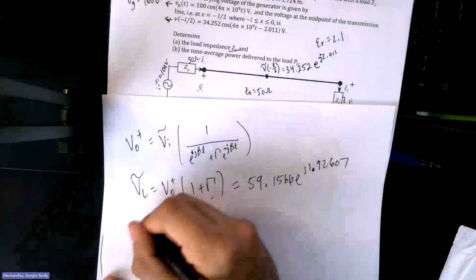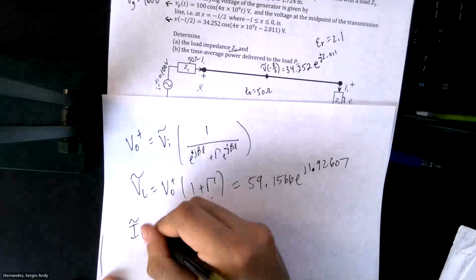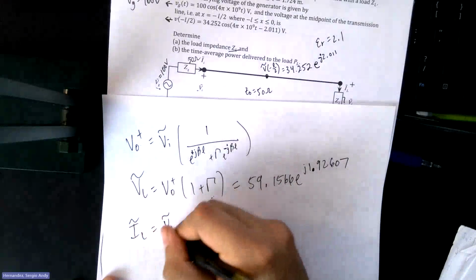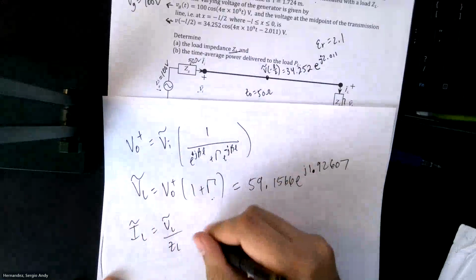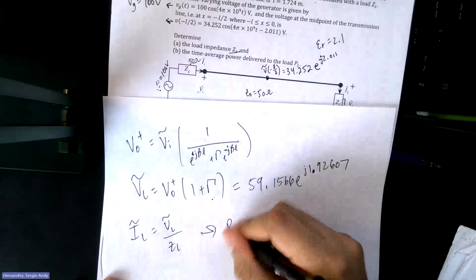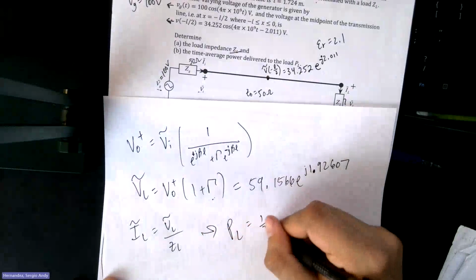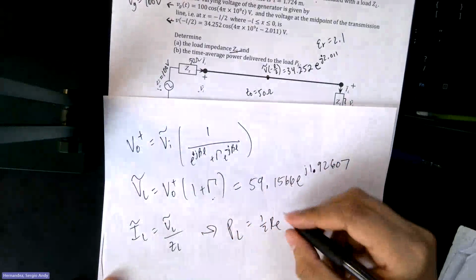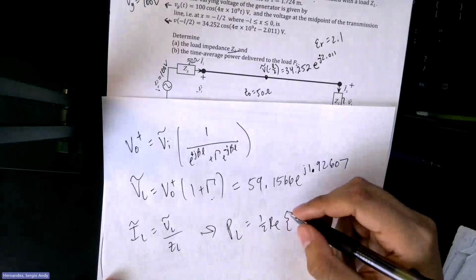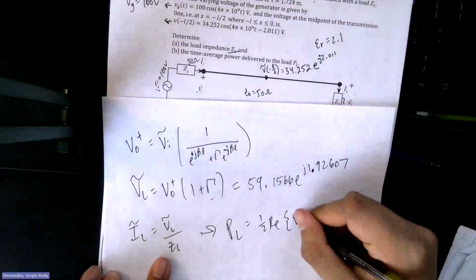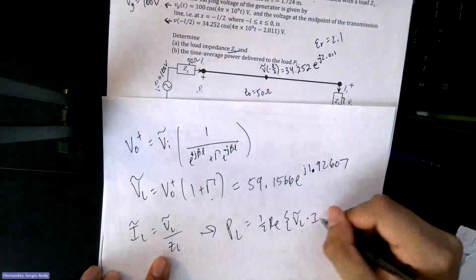And then with this, you're able to get your current, VL over ZL. Plug it into the power equation: 1/2 the real part of VL times IL conjugate.